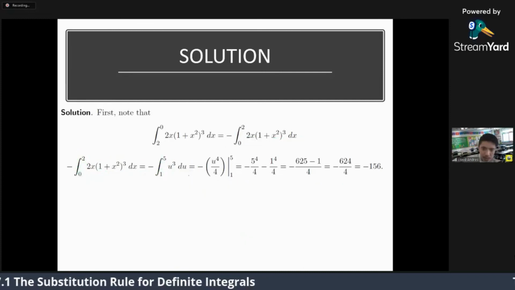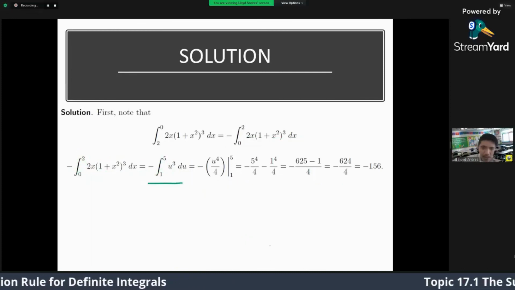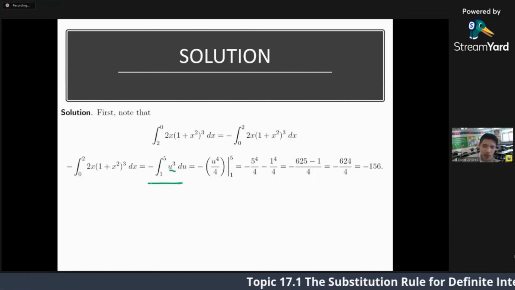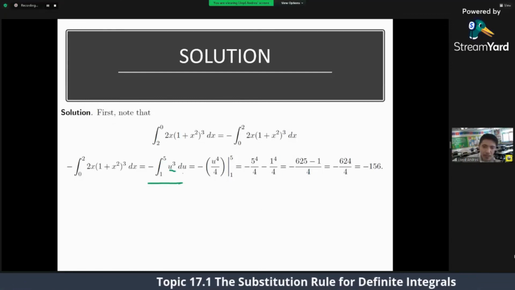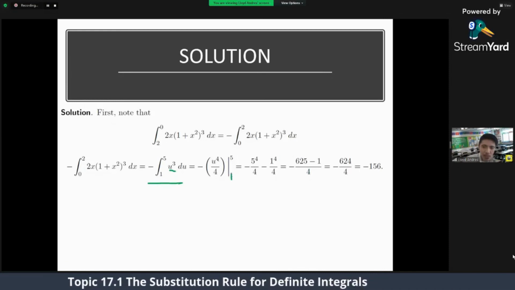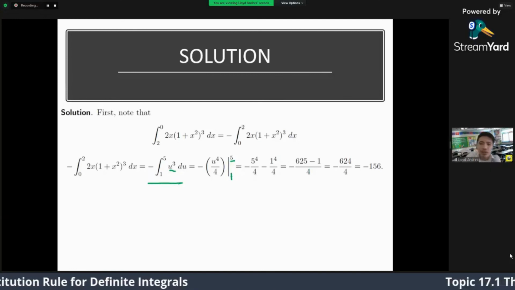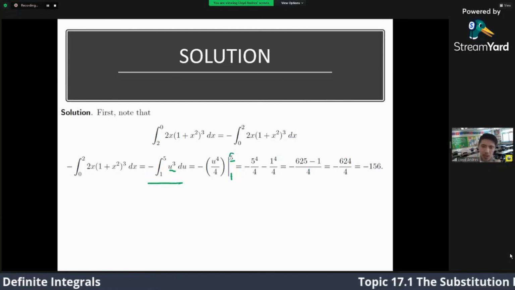From that, integrating u cubed, that's u raised to 4 over 4, with the negative sign, limits from 1 to 5. Then applying the fundamental theorem of calculus, we substitute first 5.